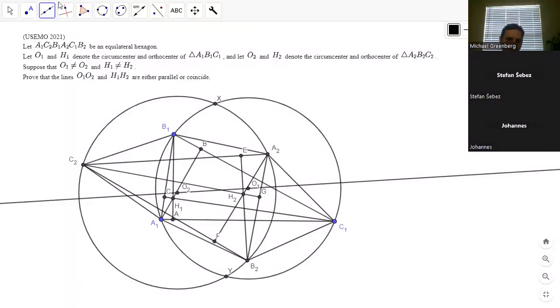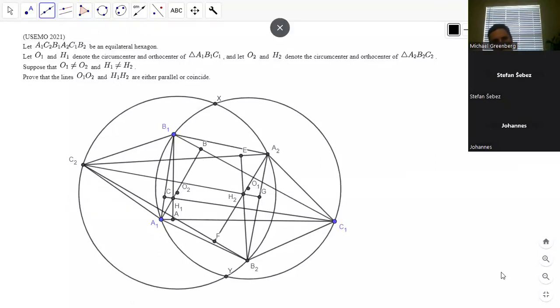so yeah, let's draw a parallel line. Let's see. So yeah, definitely parallel.